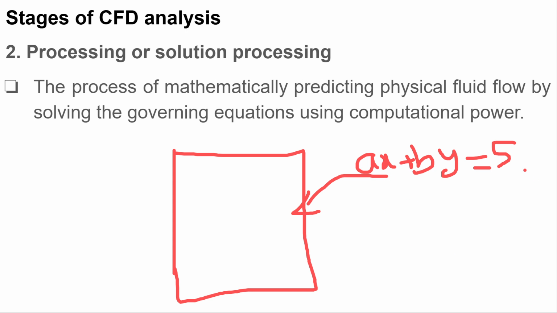We need to obtain the x value. Simply, we can do it in the calculator. In a similar way, in solution processing, we already have all the governing equations, that is the mass, momentum, and energy equations, and we also have the inlet and outlet boundary conditions. All are given to a computer, which does the computing. That is called solution processing.